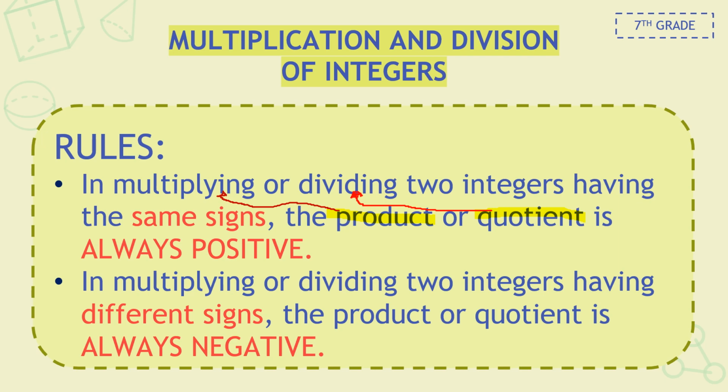Basta po kapag different sign yung dalawang integer, ang palaging sagot ay negative. So, same sign, positive; different sign, negative. These are the two rules in multiplying or dividing integers.